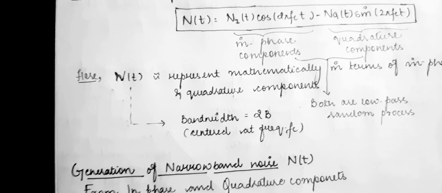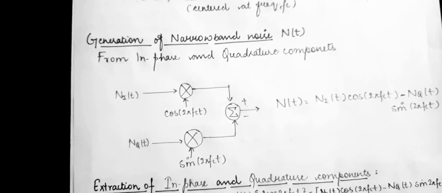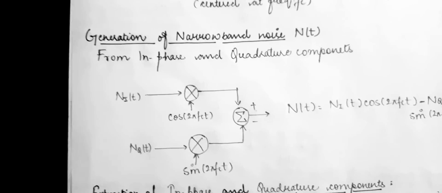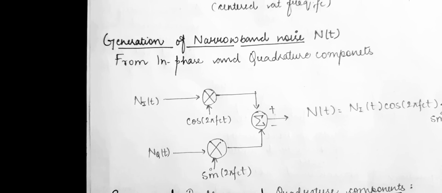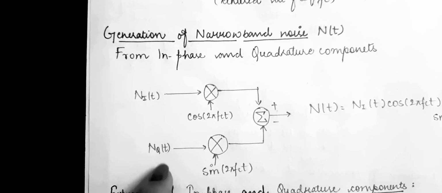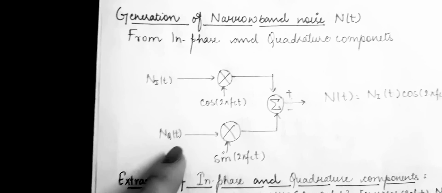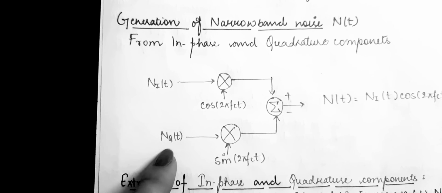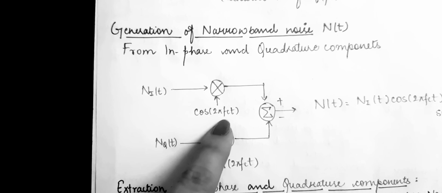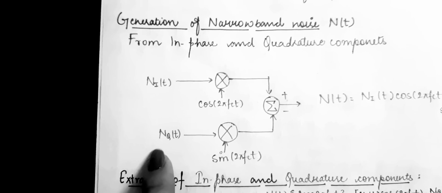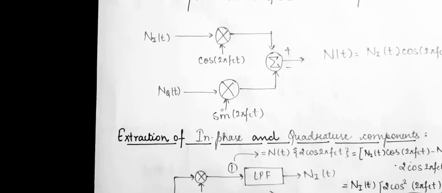For this, we will first see the generation of narrowband noise, that is your capital N(t). It consists of two components: first the in-phase component, denoted by N_I(t), and the second the quadrature component, denoted by N_Q(t). N_I(t) is multiplied with cos 2 pi fc t, while the quadrature component N_Q(t) is multiplied with sine 2 pi fc t.